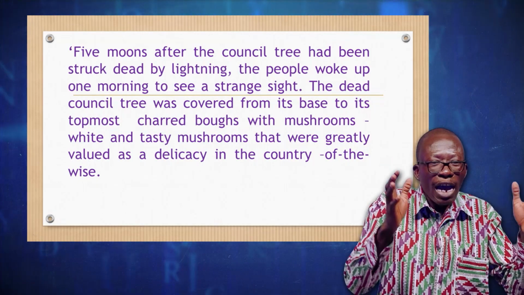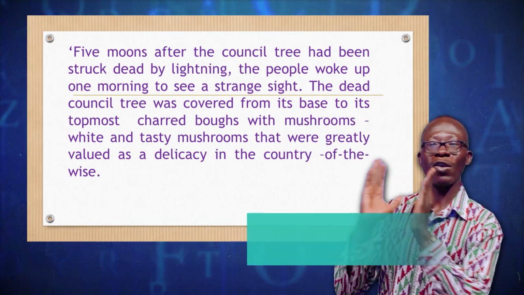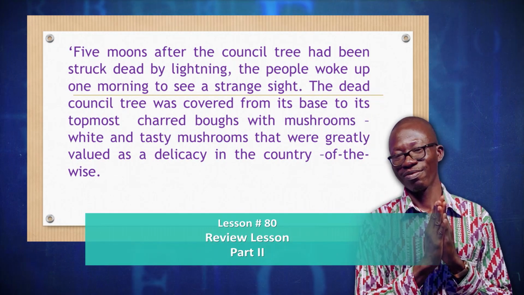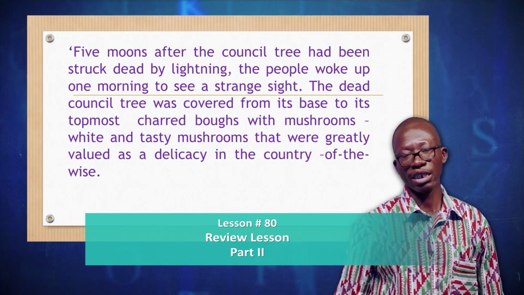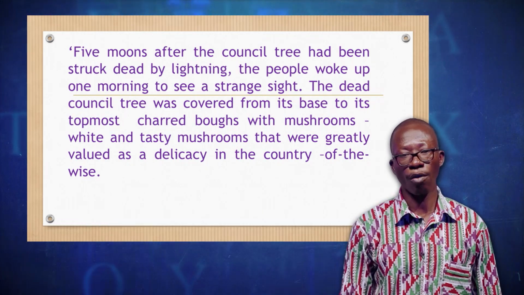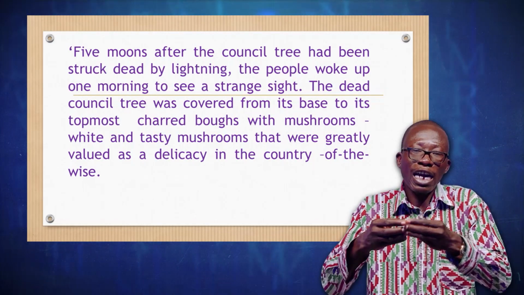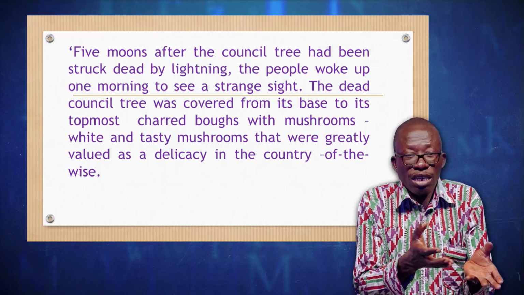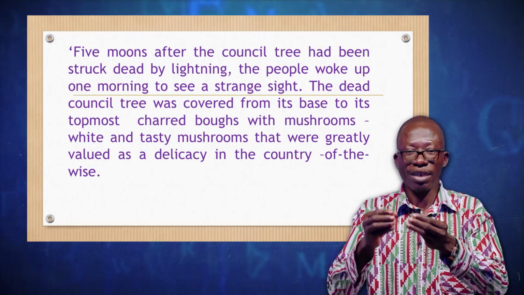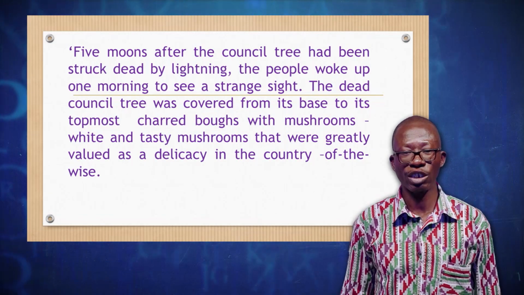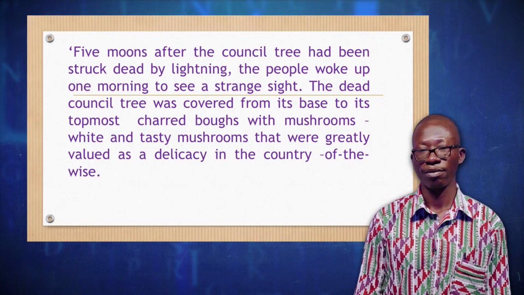So the whole of that clause is introducing another clause. That is why we have that entire clause separating the other one by a comma. So that clause is just introducing the main message. The people woke up one morning to see a strange sight.